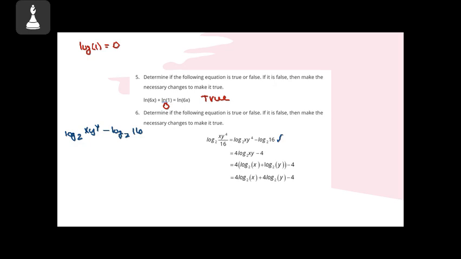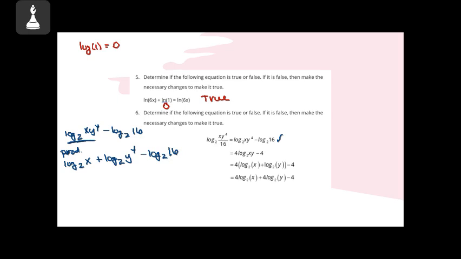Okay, the next thing I see is that this first piece is a product rule. So I need to break that up. So log base 2 of x plus log base 2 of y to the 4th minus log base 2 of 16. And that is not what they did here. So we need to keep working on this problem.